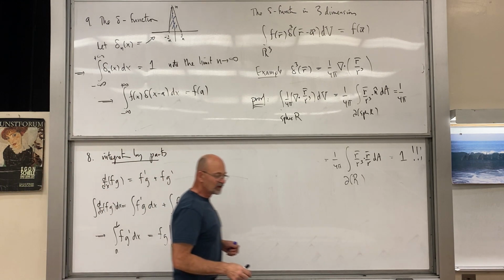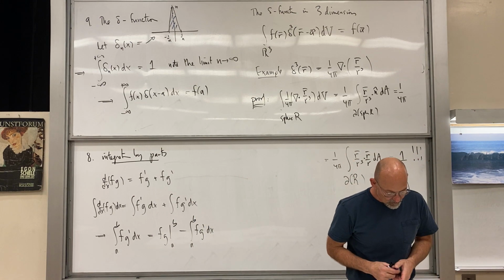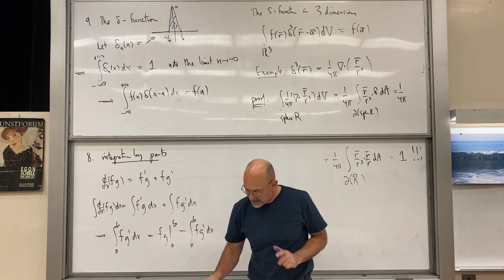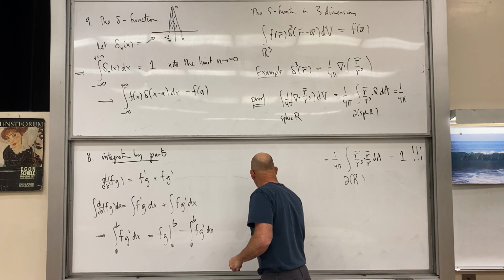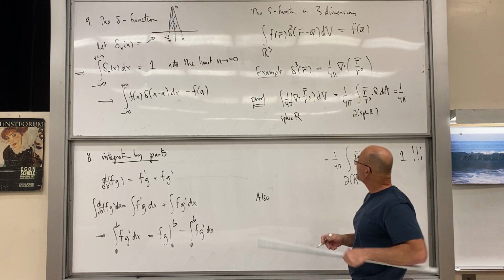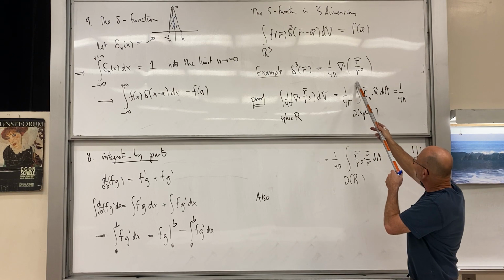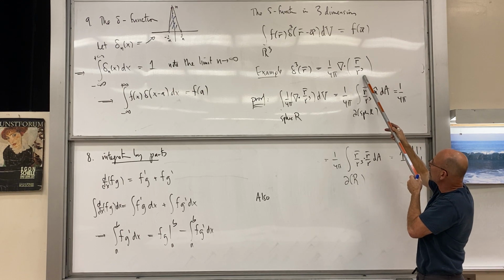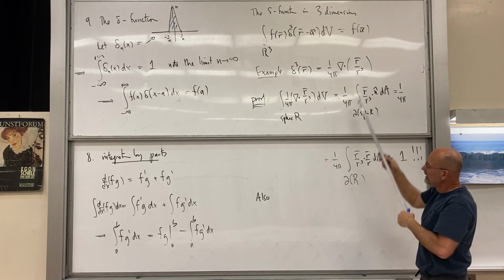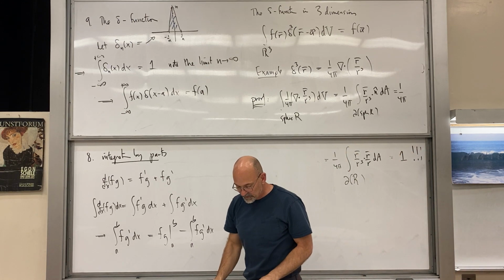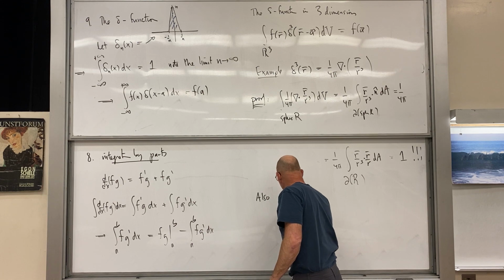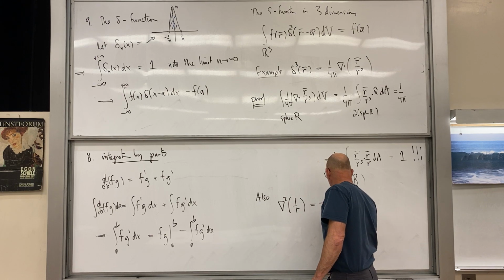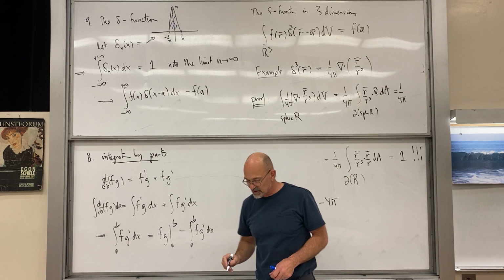So what this leads us to, it's a useful tool. I'm also going to say, since this is minus the gradient of 1 over r, this argument, minus the gradient of 1 over r, then we also get del squared, in other words, div grad, del squared of 1 over r is equal to minus 4 pi times that same delta function.